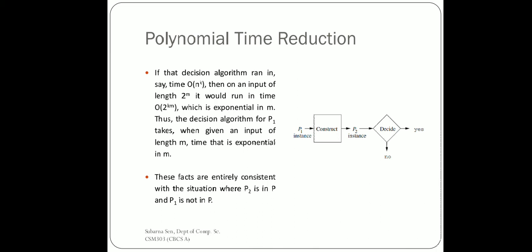So we can see that P1 is giving exponential growth, but P2 itself is giving polynomial growth. So we can say that P2 is in P and P1 is not in P for now.